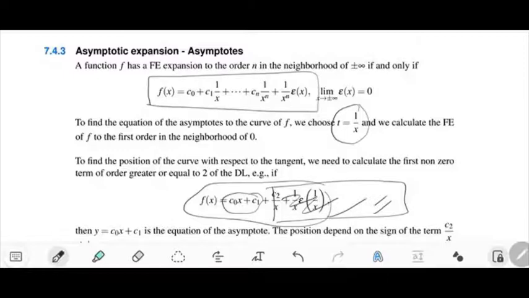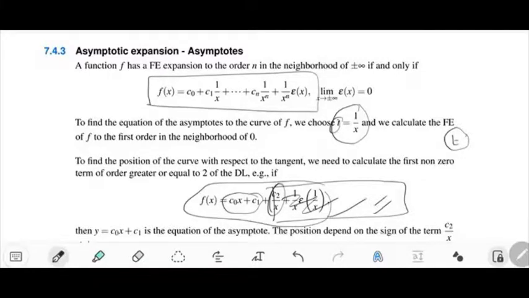So you calculate again the finite expansion of f at t, which is equal to 1 over x. So you calculate this expansion until reaching a term of order t or greater, because if you reach an order t or greater, then you reach the term 1 over x or greater.